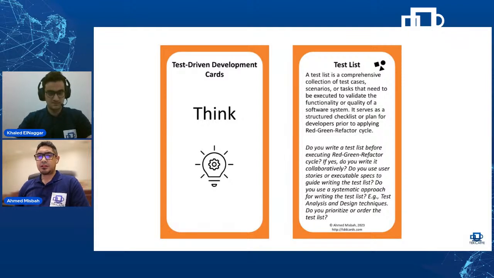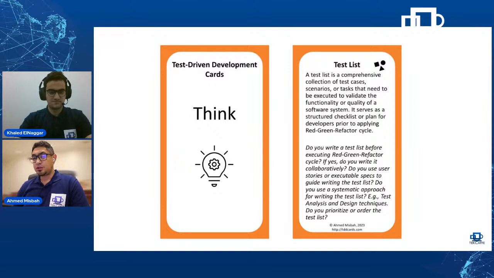So the test list is one of the TDD patterns that have been described in Kent Beck's Test-Driven Development by Example. And it's actually one of the TDD patterns that most teams don't do. And this is one of the reasons why most teams drop TDD or move to the test-last approach, which is not really TDD.